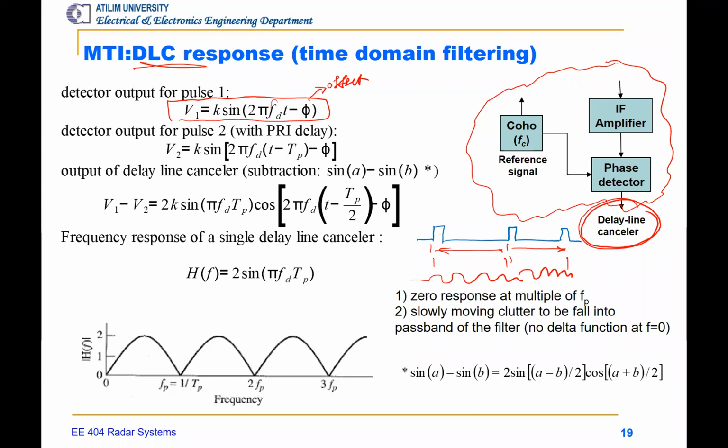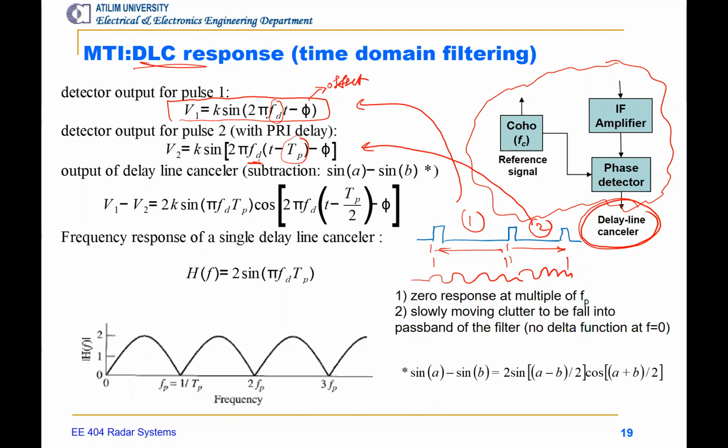And ft is the Doppler frequency. We assume that we have a Doppler frequency here. Next, for the second sweep, so this is the first, and this is the second. There's going to be a delay of TP with the same Doppler shift.